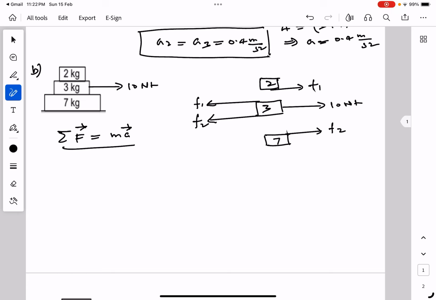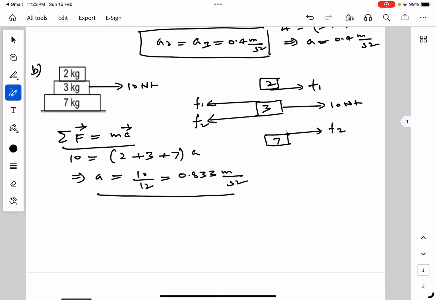The net force is 10 Newton and total mass is 2 plus 3 plus 7 into A. So this gives us A equal to 10 upon 12, and this is equal to 0.833 meter per second square. So this is the common acceleration.